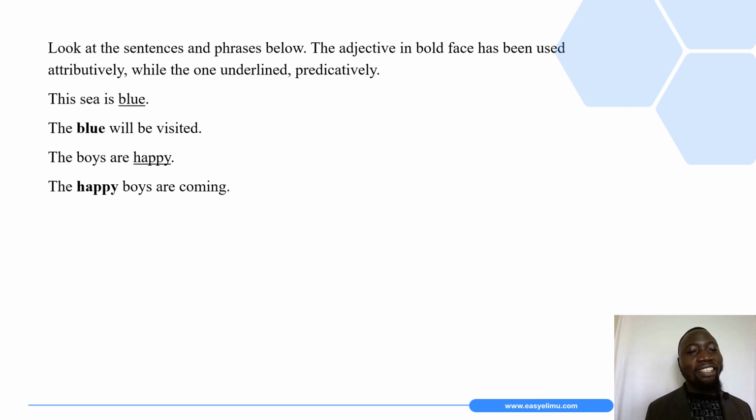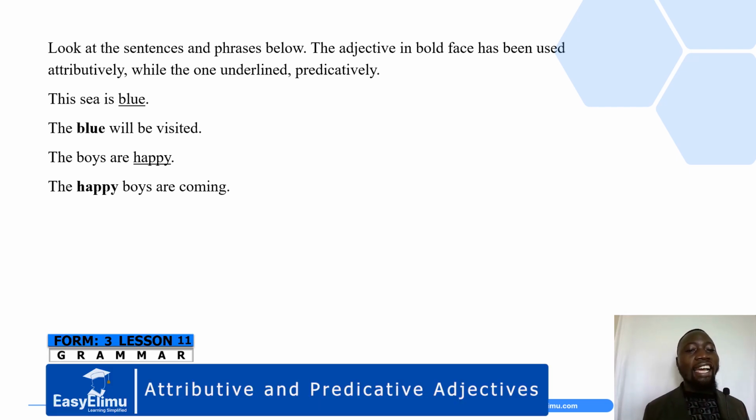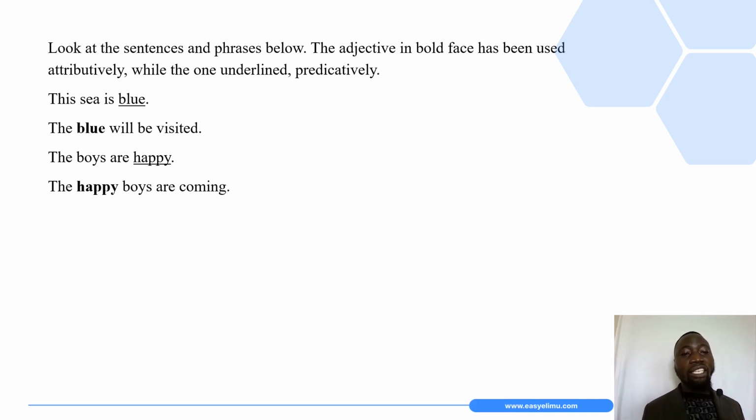The third sentence, the boys are happy. Then in the last sentence, the happy boys are coming. So dear students, I want to believe that the four examples that we have helped you understand the use of predicative adjectives and attributive adjectives better.